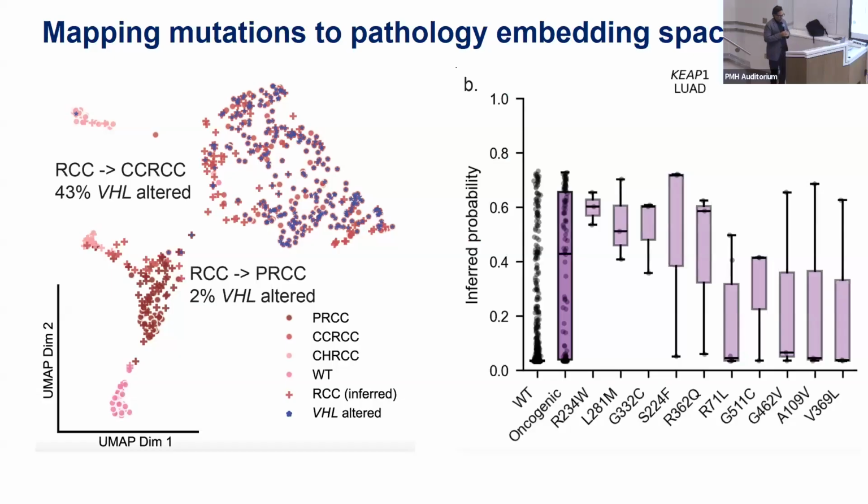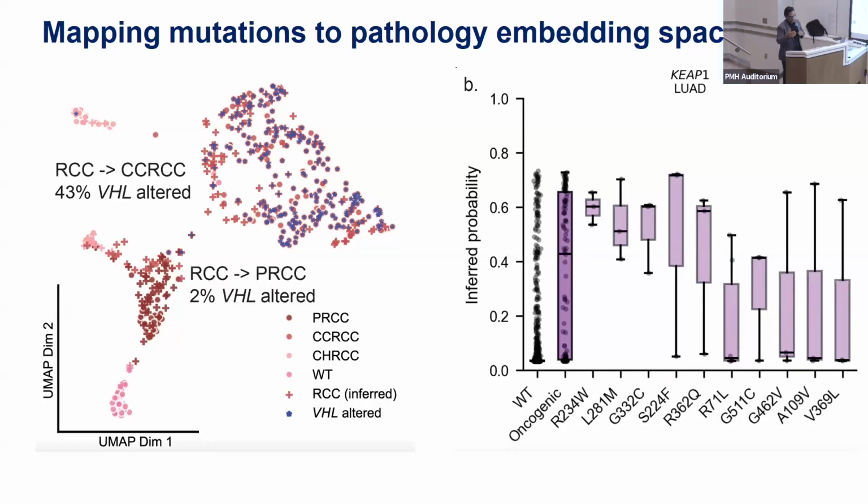Then we took this one step further and asked, can we train a model that can predict activating or actionable oncogenic mutations? Now we're in the lung cancer regime and KEAP1 mutations. If we look at the specific mutations across the x-axis, you can see that some of those mutations track with what we know are the oncogenic mutations in that disease.